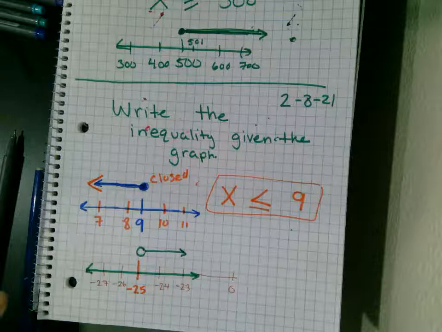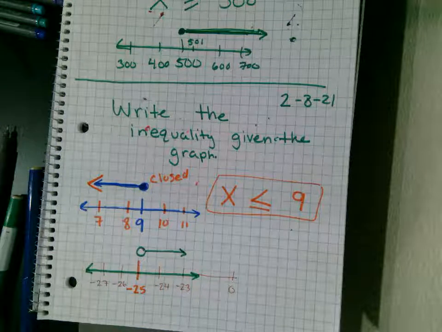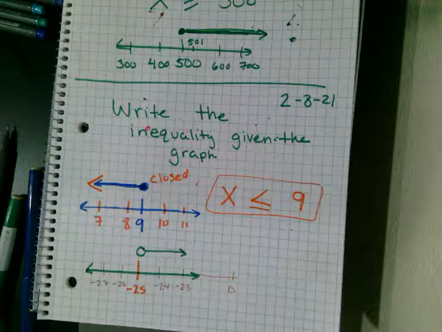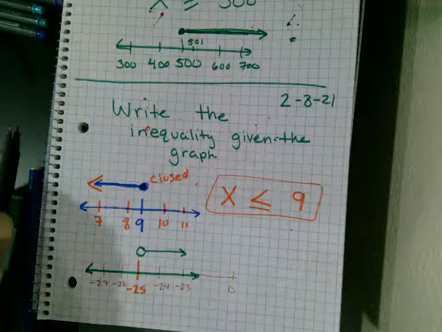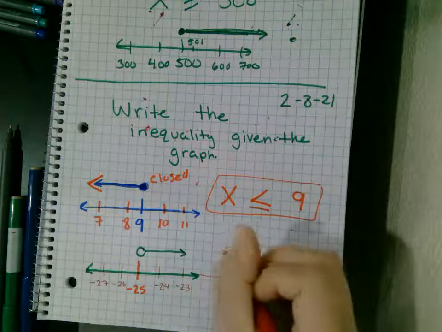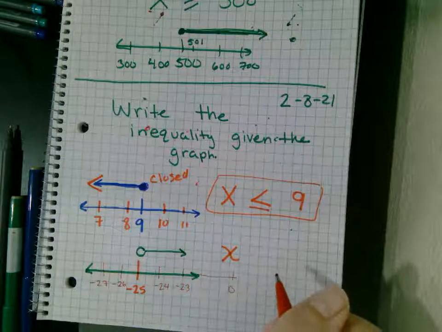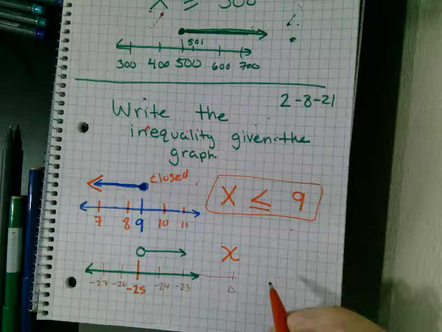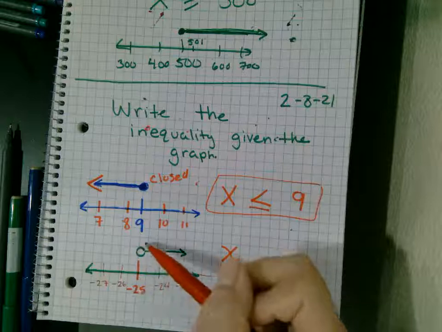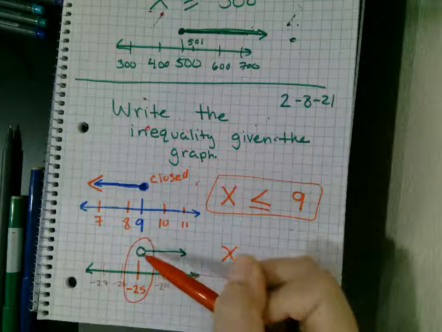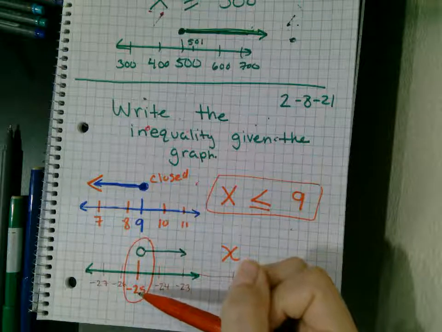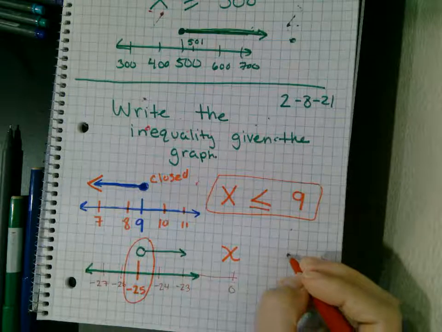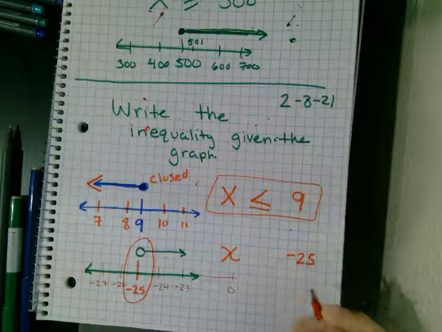Now, remember, always start with the variable x, or whatever variable you want to use. Then the number that you use is the number where the circle is. The circle is on top of negative 25, so I'm going to use negative 25.